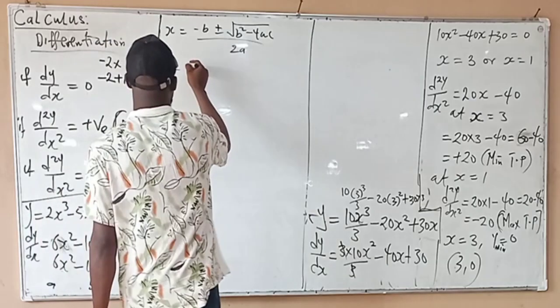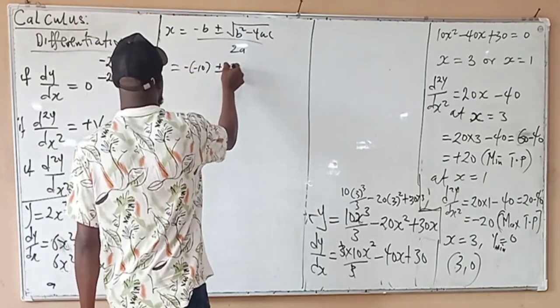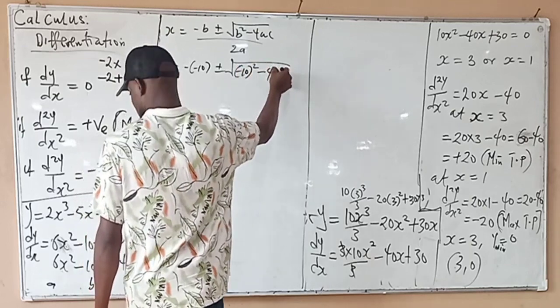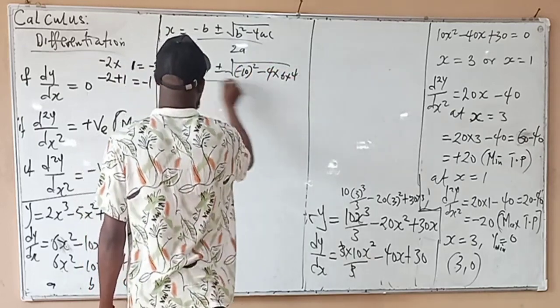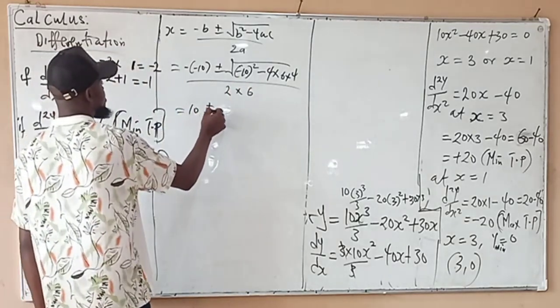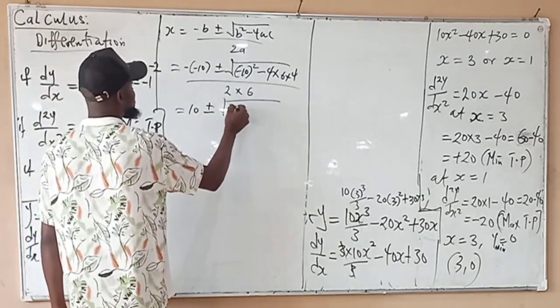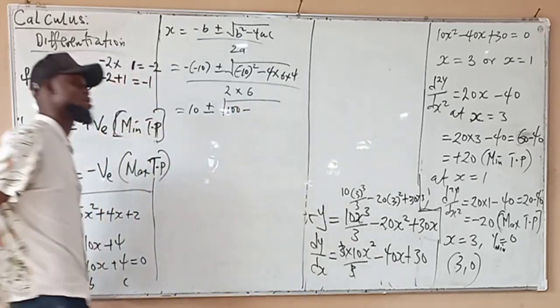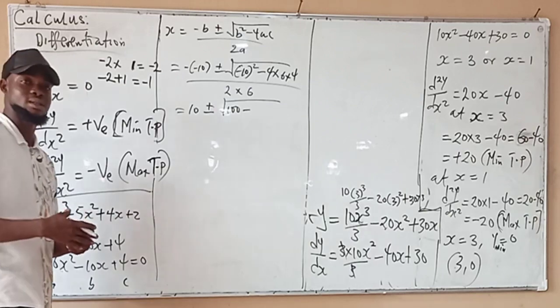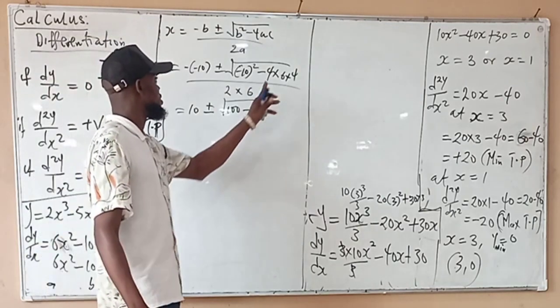Our B is minus 10. Minus minus 10 plus or minus square root of minus 10 squared minus 4 times 6 times 4, over 2 times 6. That gives us 10 plus or minus square root of 100 minus 4 times 6 times 4. 4 times 6 is already 24.